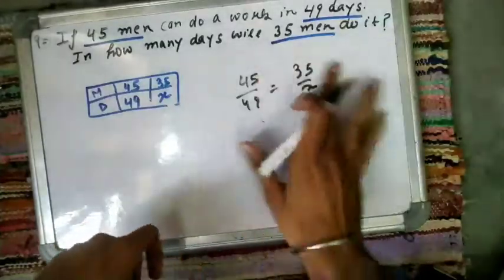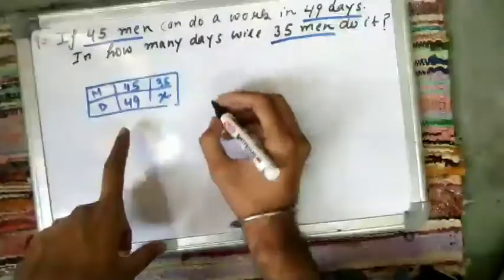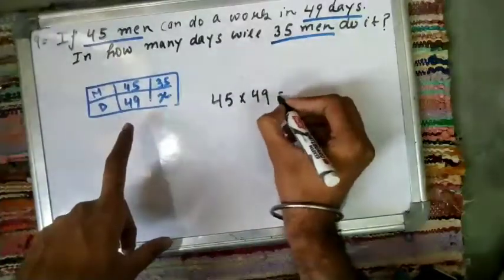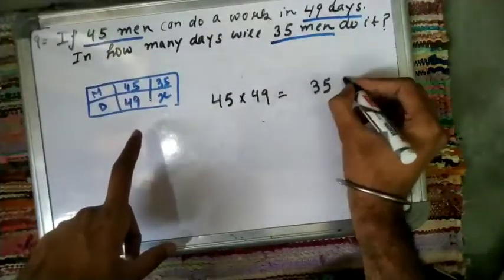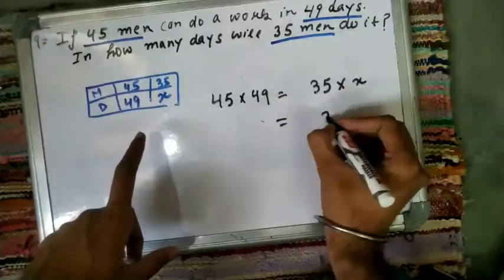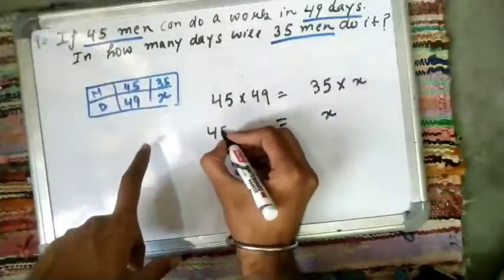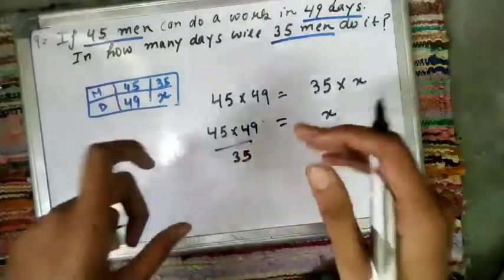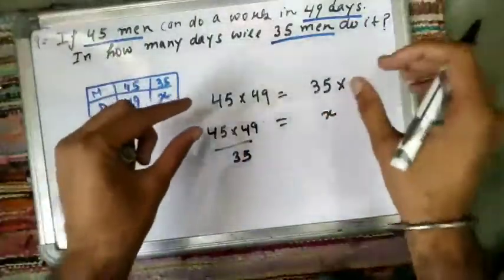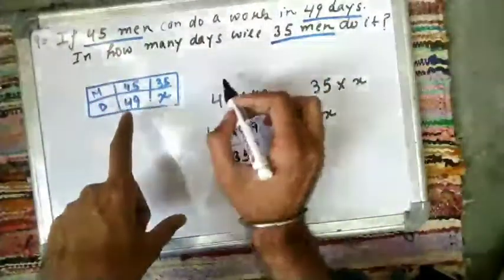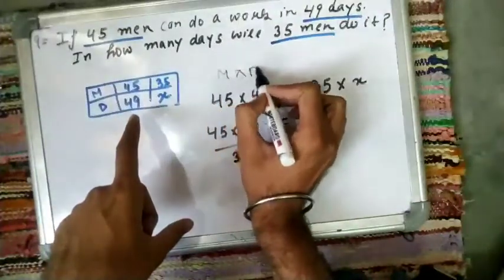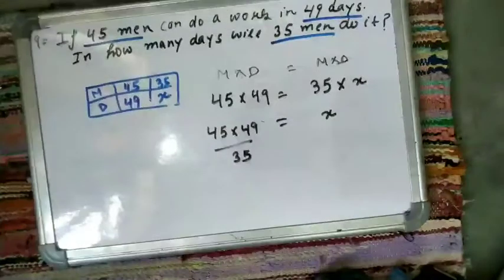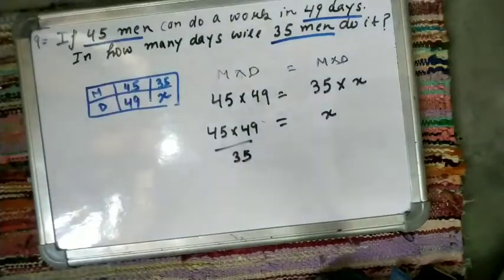But in the inverse way we will multiply them: 45 into 49 is equal to 35 into x, and the x value is 45 into 49 divided by 35. So please keep in your mind, in the inverse way we multiply men into days and men into days. So this is your question.